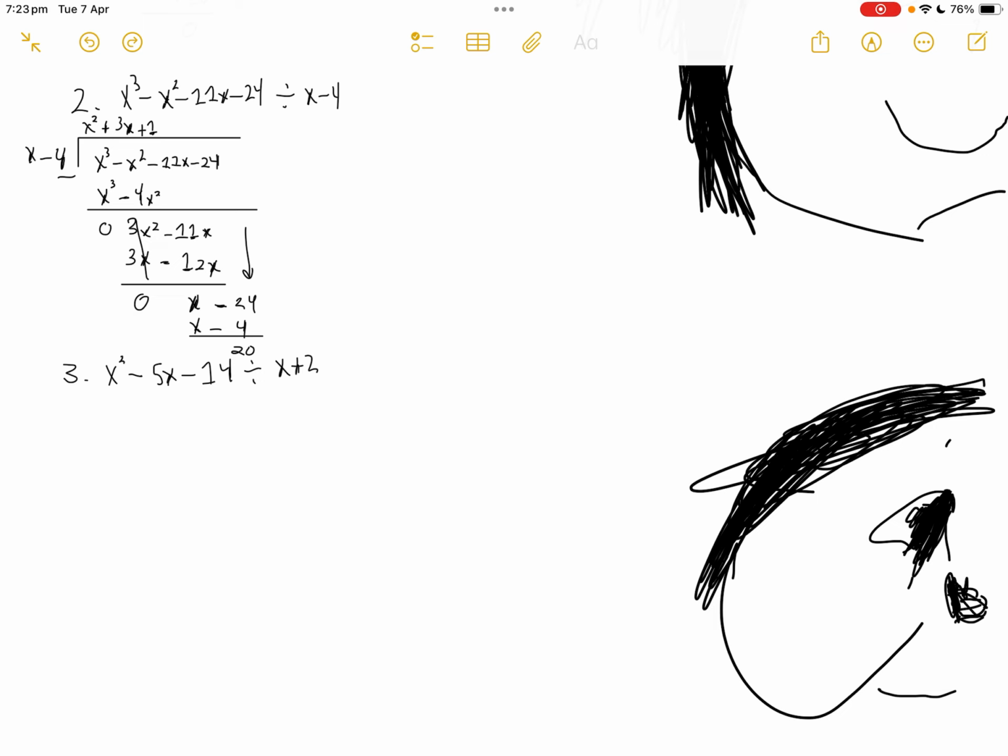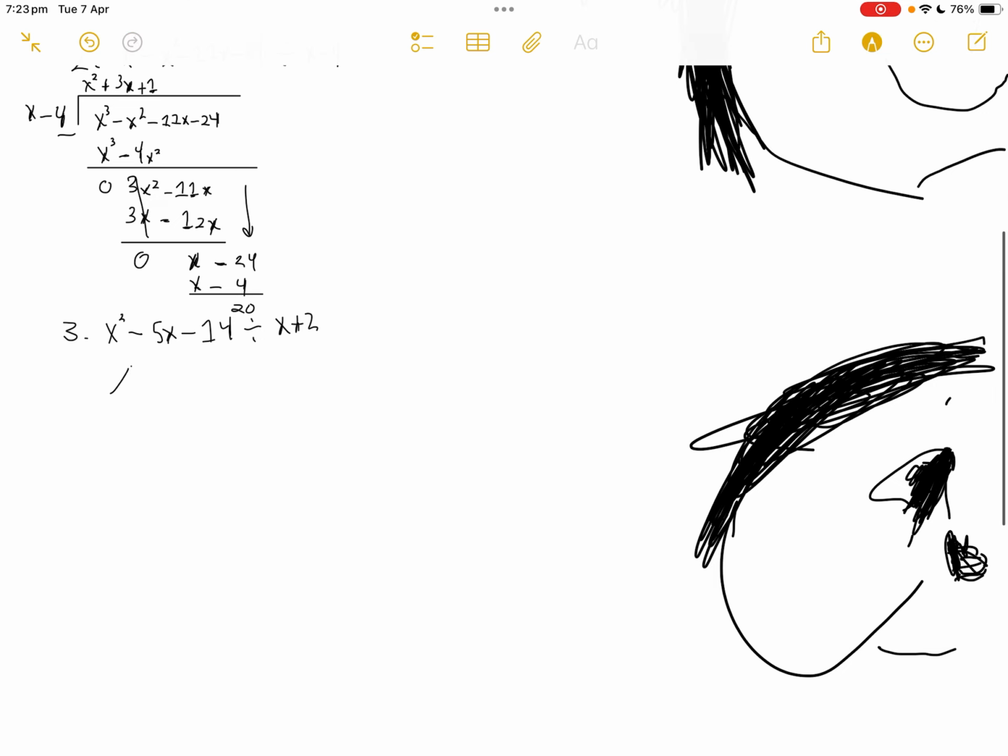And now for the final example, we have this guy right here. So what we're essentially doing is dividing this guy here by x plus 2, or negative 2 if you want to label it as a root. I just gotta put this there.